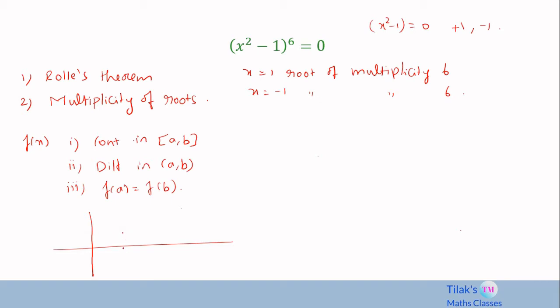Let us say this is a, this is b here, and you can see that f(a) and f(b) both are equal. Let us say some value k.